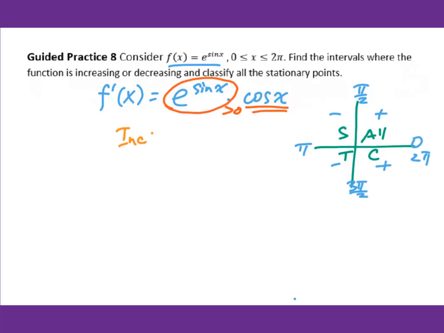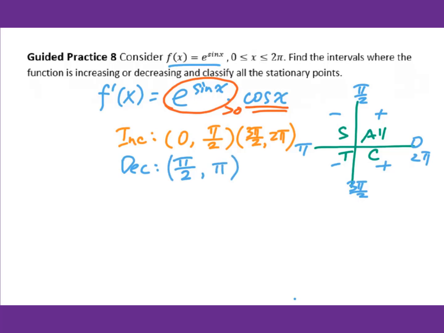So we get the increasing interval, which is positive, from 0 to pi over 2, and also from 3 pi over 2 to 2 pi. For decreasing, that is from pi over 2 to pi, and then from pi to 3 pi over 2. This is increasing, then going down.